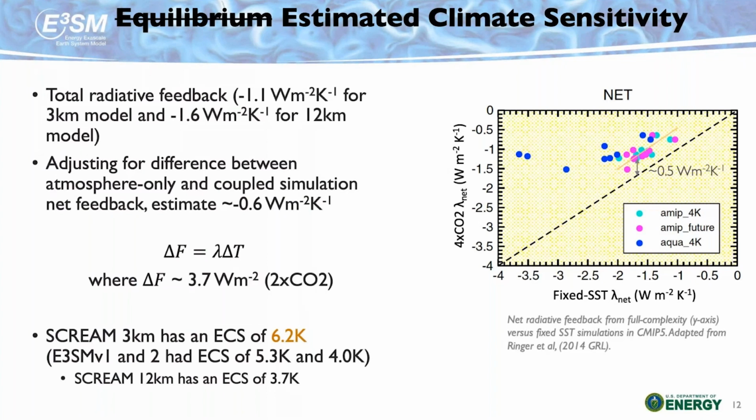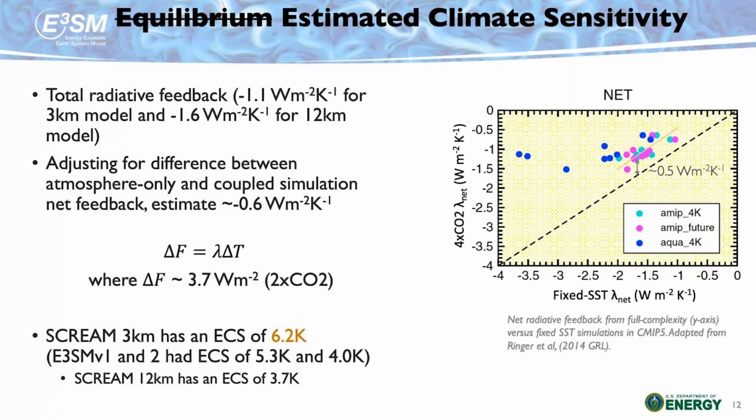Interestingly, the SCREAM 12 kilometer has an ECS of 3.7 Kelvin, but we do have some expectation that that's unrealistic, and I'd be happy if anyone has questions to elaborate on that further later.